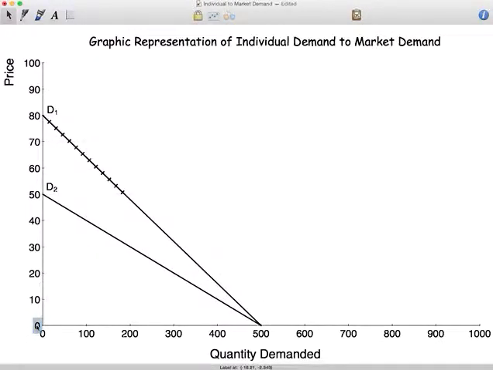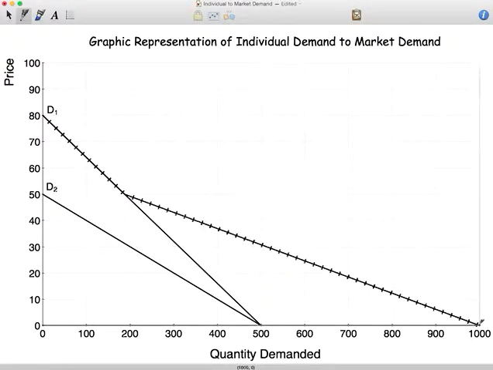And at a price of 0, if we go along the demand curve for D1, the quantity demanded is also 500. So if I add D1 and D2 together for a price of 0, I am going to get 1,000. So what I can do is just go to the point where the kink is going to occur for the market demand curve and draw it out to that point right there.